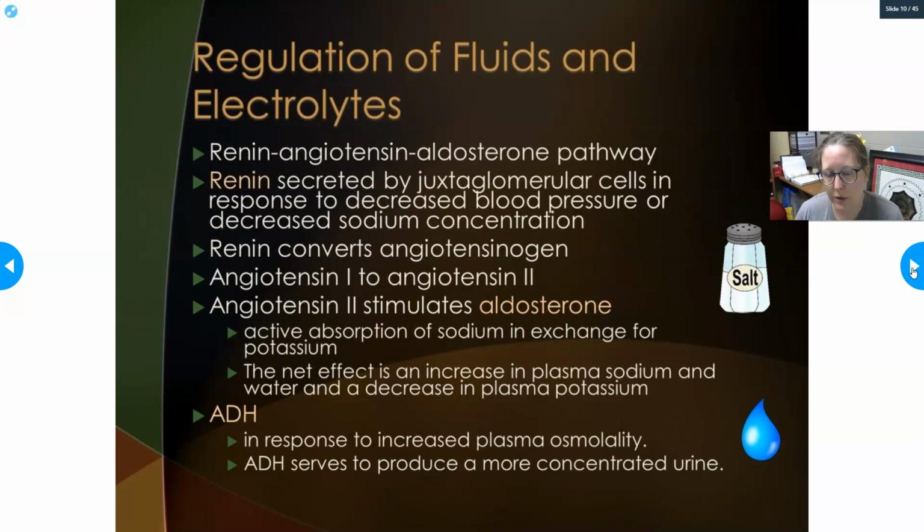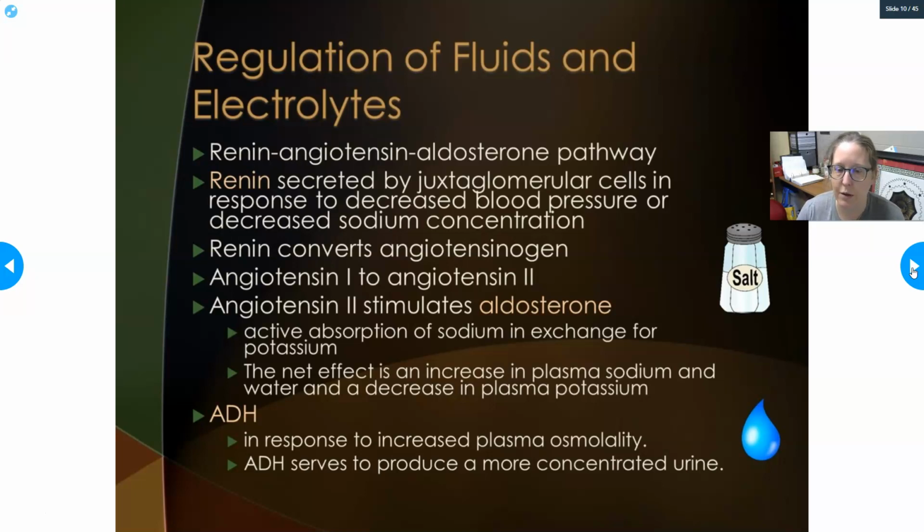And angiotensin 2 is going to go to the adrenal glands on top of the kidneys and stimulate the release of aldosterone. And then aldosterone, as we mentioned earlier, actively reabsorbs sodium from the filtrate back into the blood and exchanges it for potassium, so dumping potassium from the blood back into the filtrate.